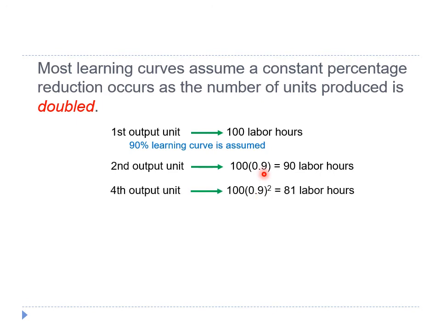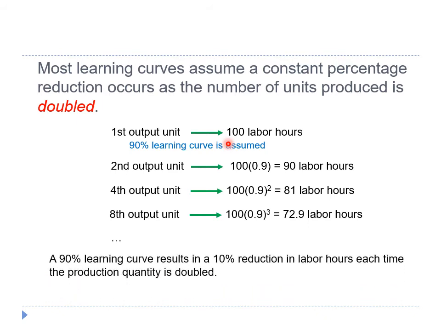Similarly, 81 labor hours will be required to produce the fourth output unit, and 72.9 labor hours will be required to produce the eighth output unit, and so on. The labor hours here were obtained by multiplying the labor hours of the previous output unit by 0.9. Therefore, we can see that a 90% learning curve results in a 10% reduction in labor hours each time the production quantity is doubled.